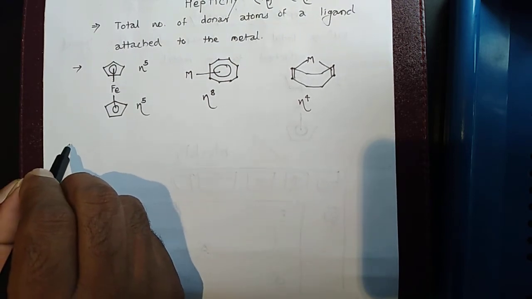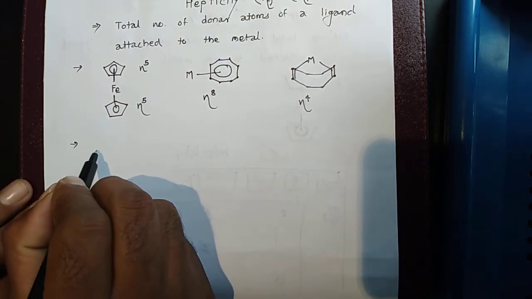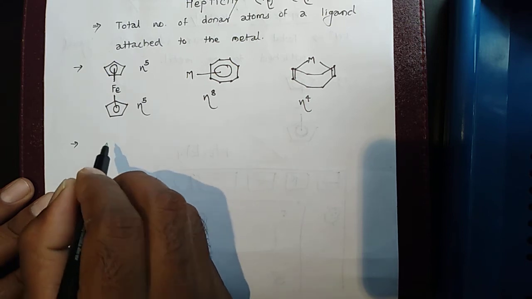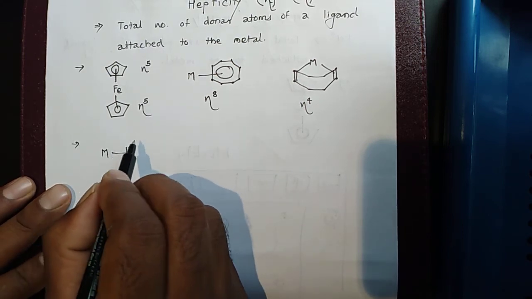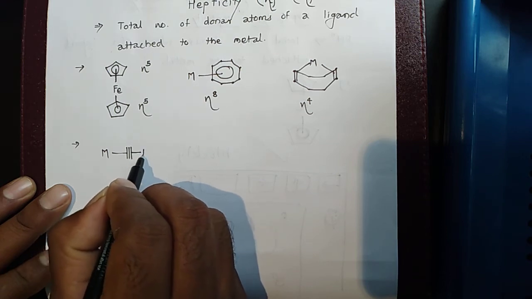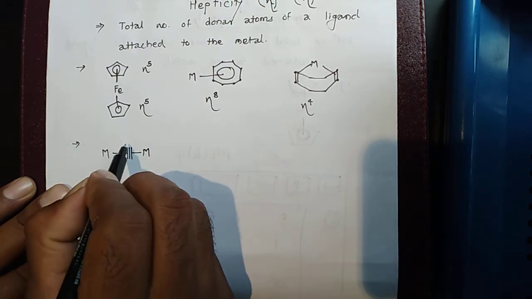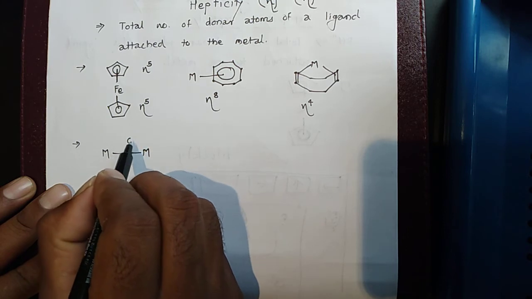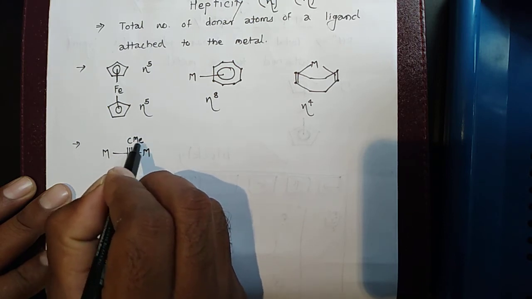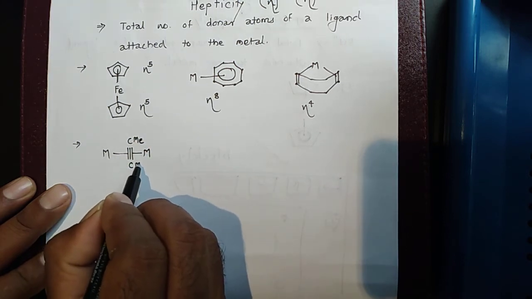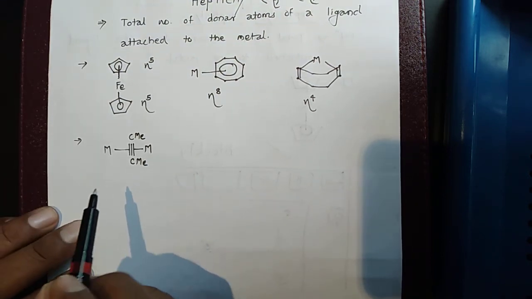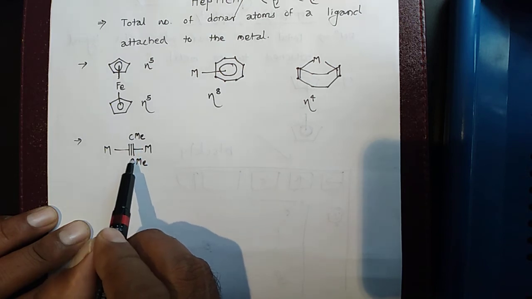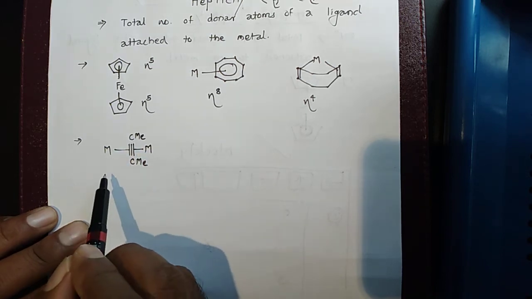Same way we will solve some other examples. This is also a very interesting example I have got from this examination. Here is a triple bond with 2 metals on that triple bond, and one side CMe, another side CMe. Here you can see that the ligand is only one, but 2 metals are there.